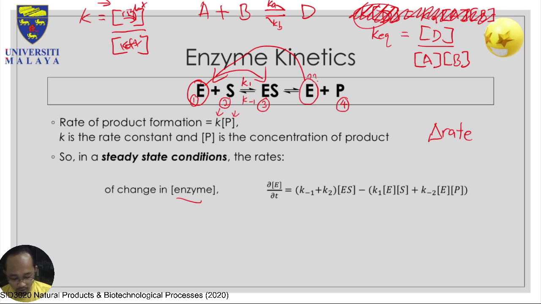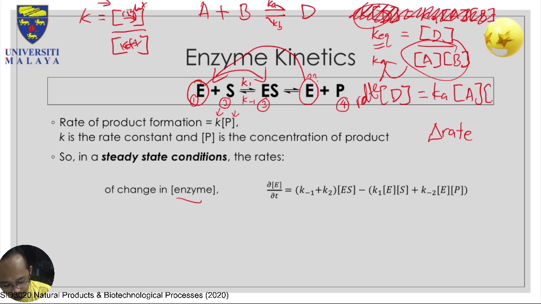KEQ here is where KA comes into play, and once you rearrange this, the rate of D equals KA times A and B. So the above is an inaccurate representation, almost there, but inaccurate. The second one is more accurate.